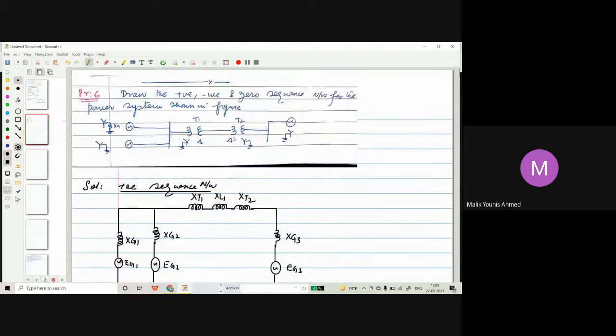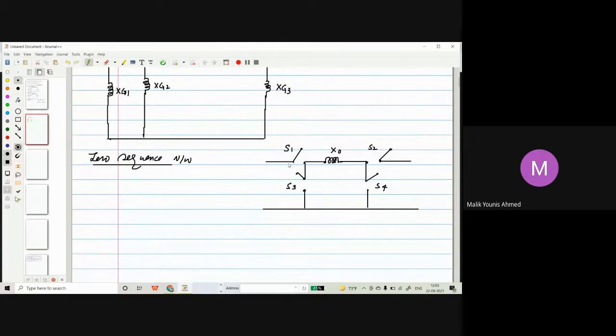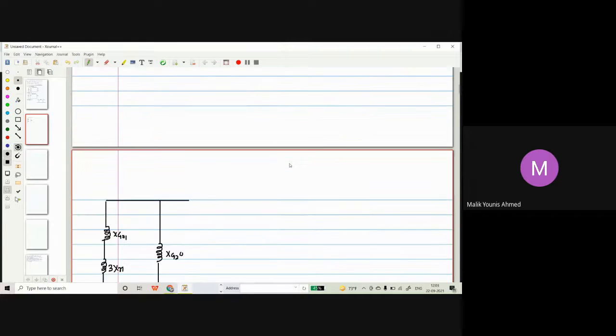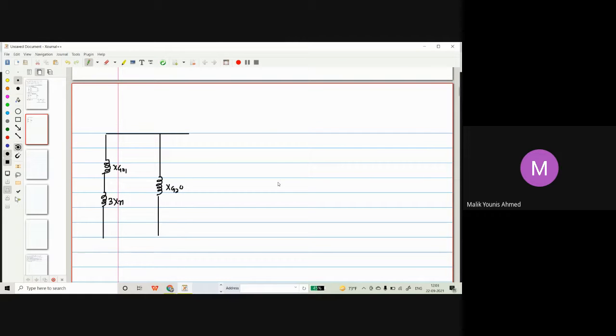Now the transformer primary side is series switch, that is star connected, neutral grounded. Series switch will be closed, so this switch will be closed. So it will be connected with this X, whatever you call it, XT1 0. So series switch closed, shunt switch will be opened.